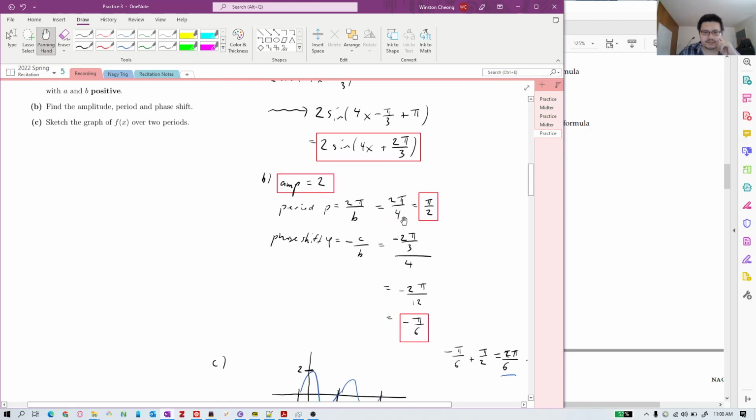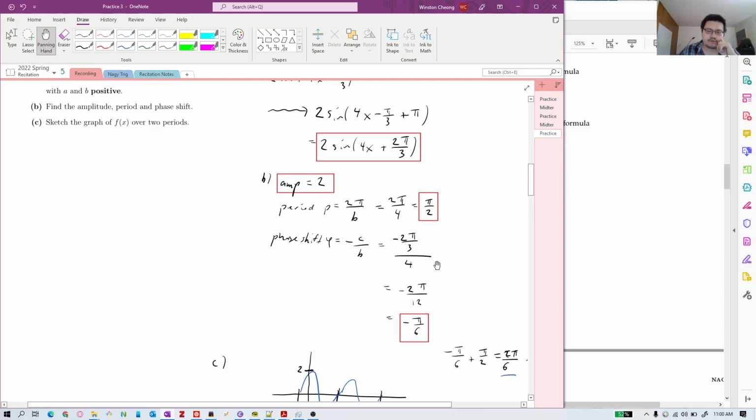So minus C is 2 pi over 3, tack the negative on, and then B is 4 right there. So you end up getting this complex fraction, and then you can simplify it. How I think of this structure is that you can just squash the denominators together.